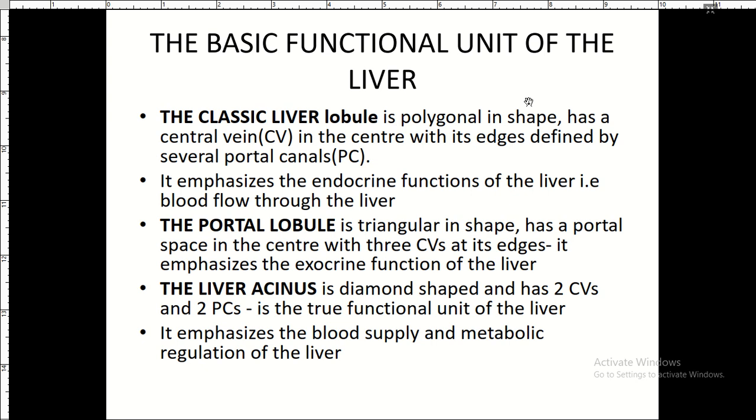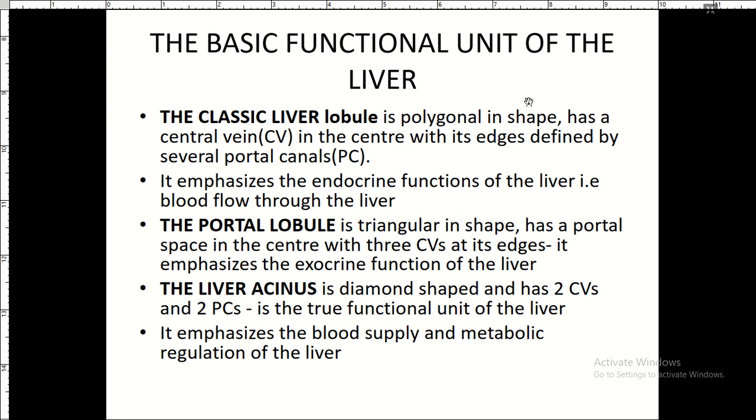It is hexagonal in shape, with a central vein in the center surrounded by up to 6 portal canals. We said this emphasizes the endocrine function of the liver. Blood flows towards the central vein, and the hepatocytes secrete into the blood. So that's the endocrine function.